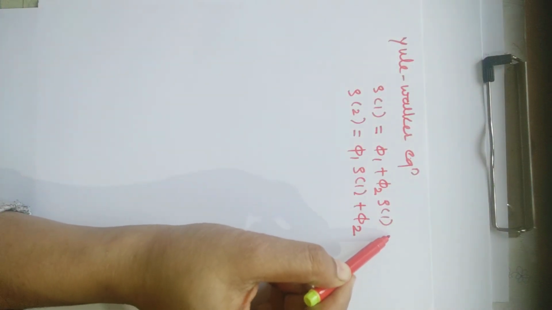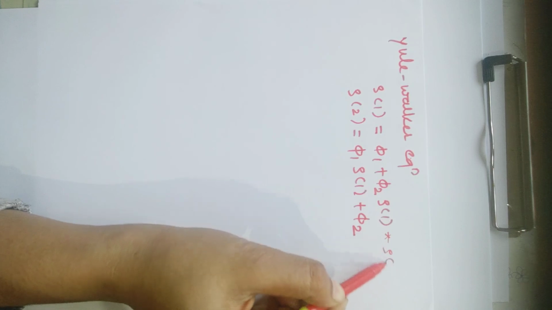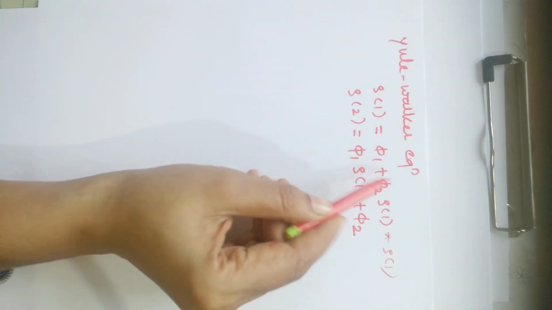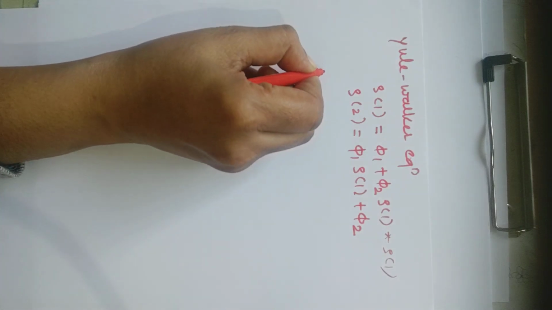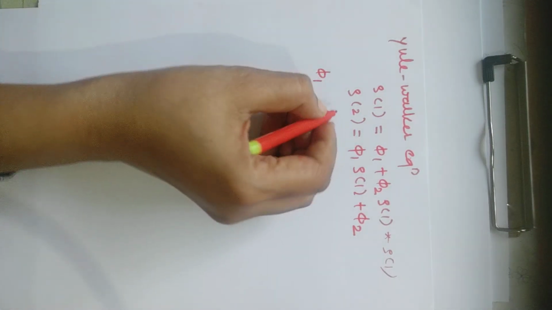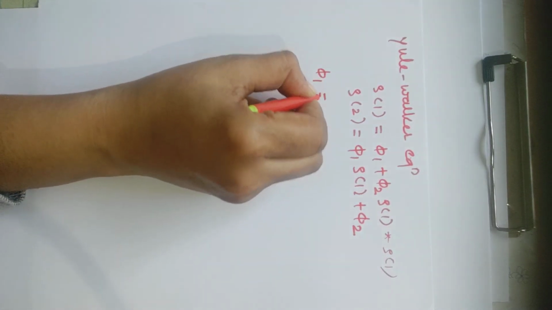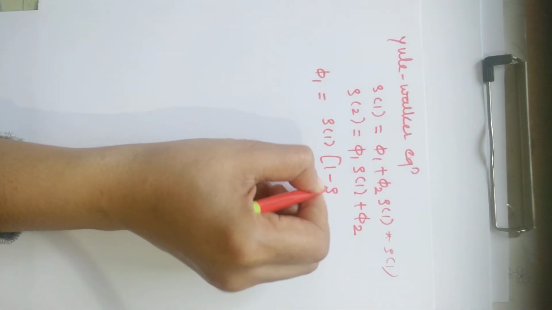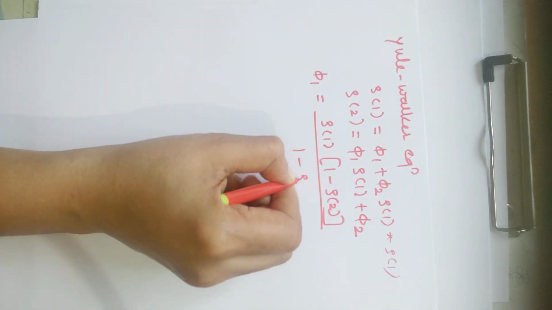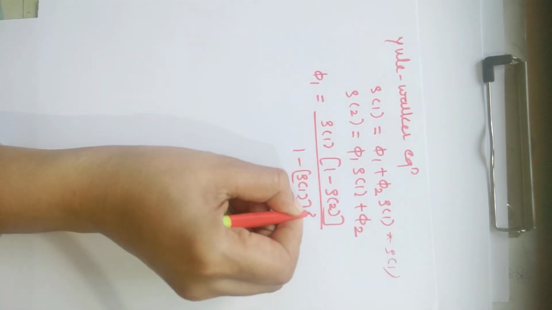Multiplying this equation by rho of 1, then cancelling phi 1 rho of 1, we have the value for phi 1: rho of 1 into 1 minus rho of 2, divided by 1 minus rho of 1 whole square.